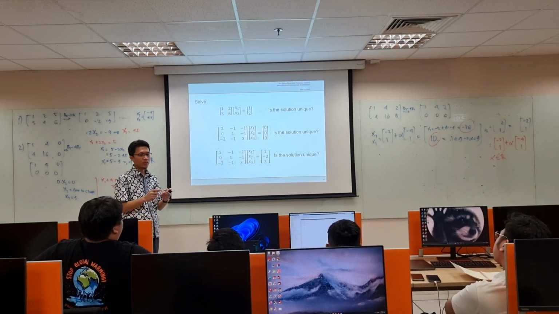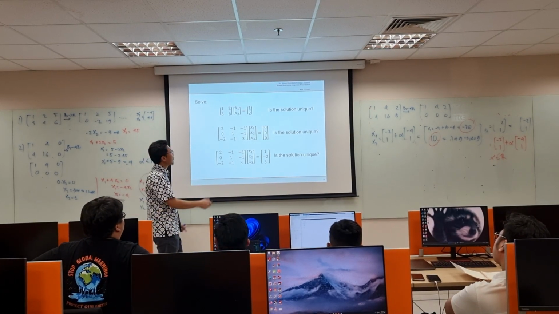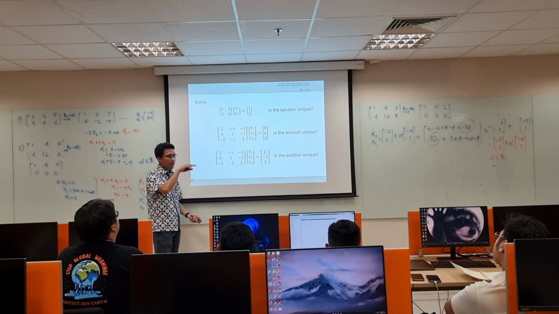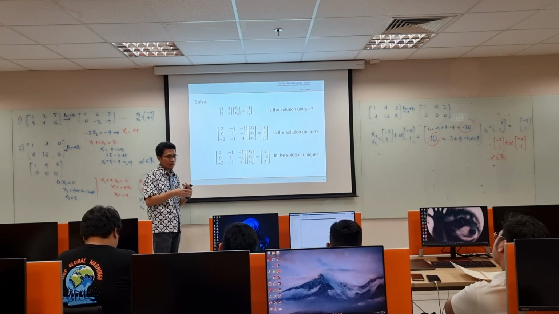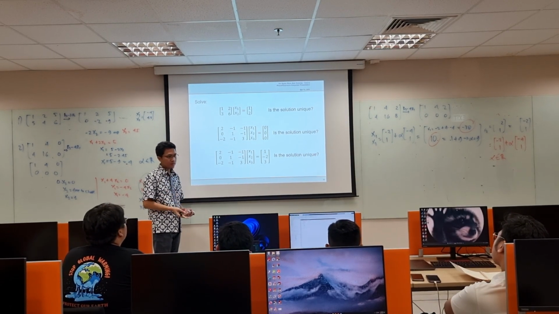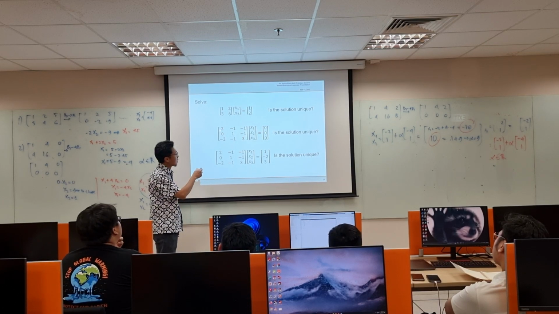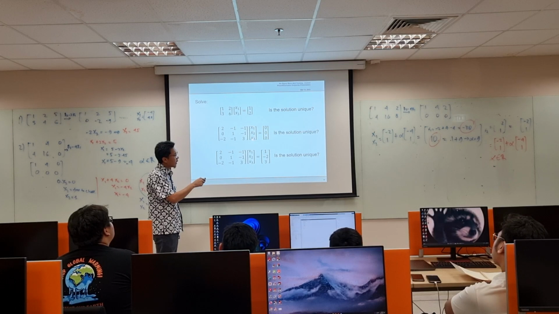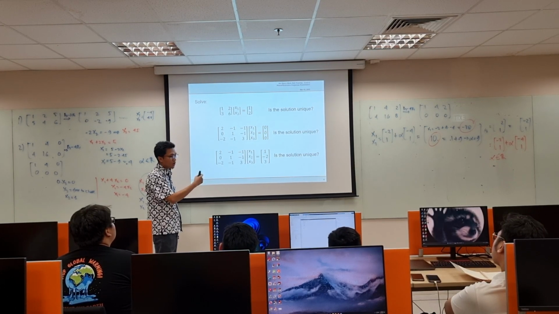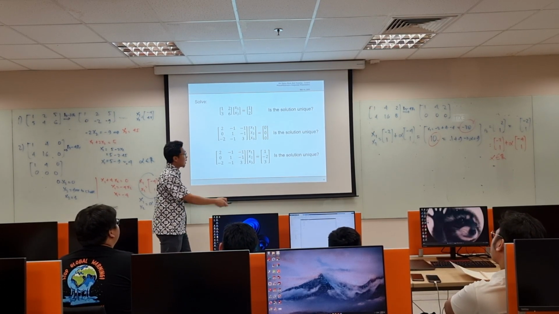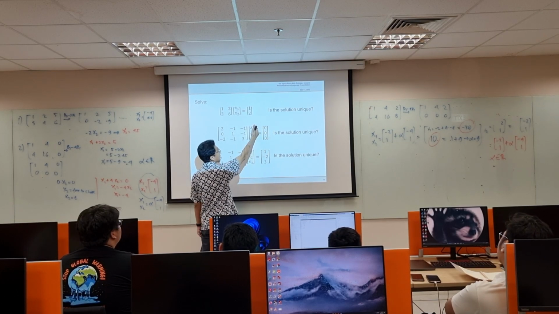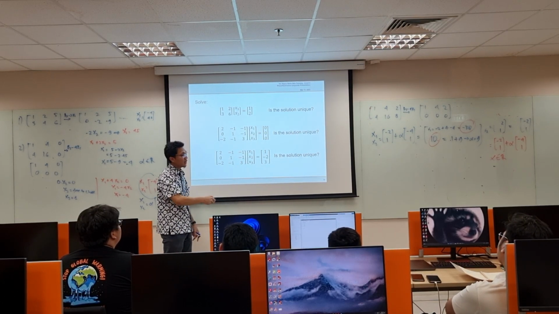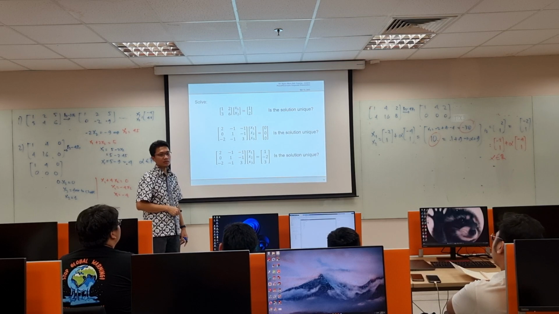Okay, let me tell you how to see that. The first thing that you can do is to check whether the rows and columns are multiples of one another. The second thing is that you try to find whether you will have non-zero x for the 0 on the right side. If the answer here is non-zero, then it means your matrix is singular.